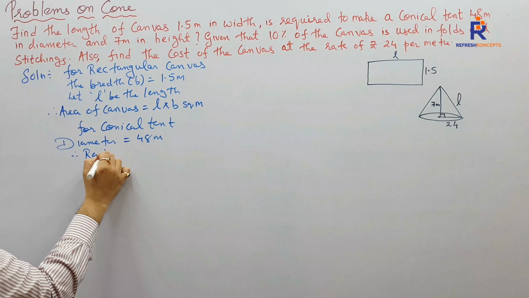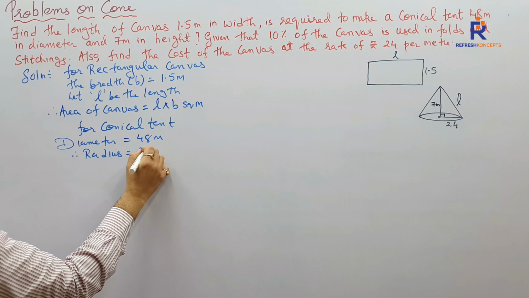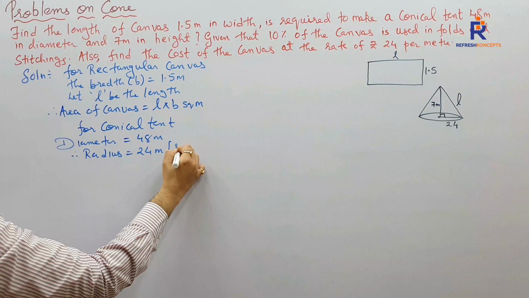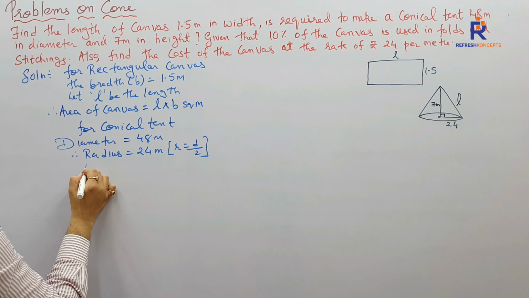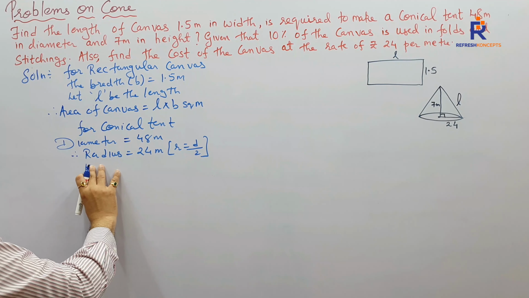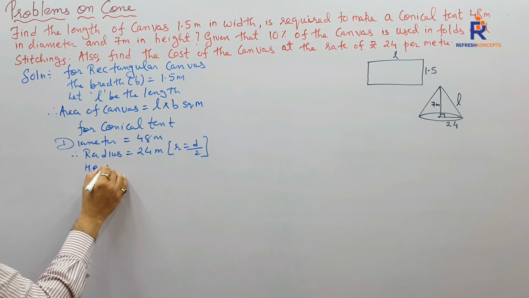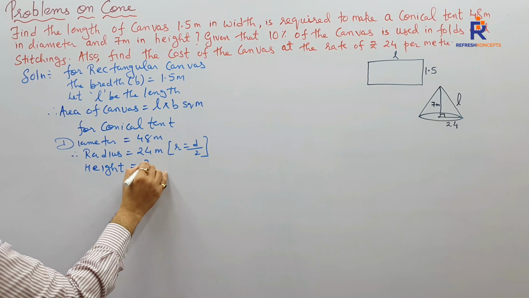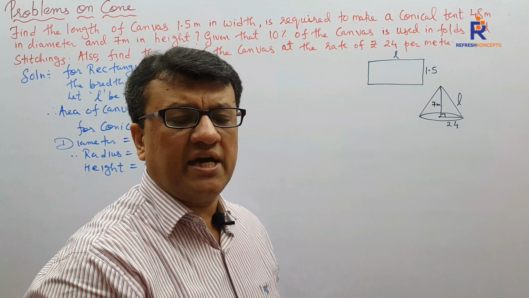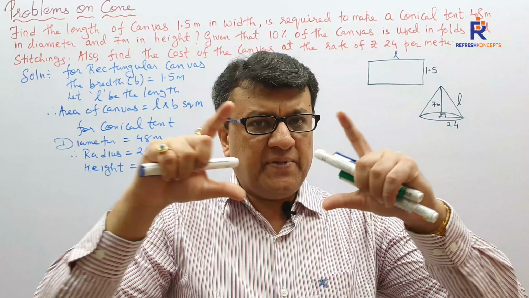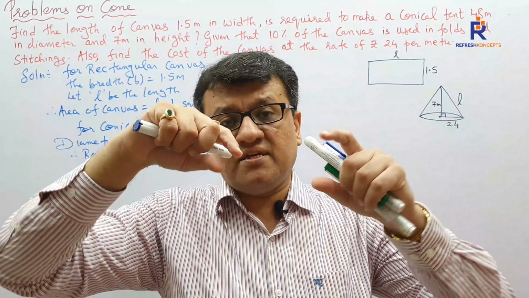Therefore, radius is 24 meter. The relation: radius is diameter by 2. What is the height given to us, children? The height given to us is 7 meter.